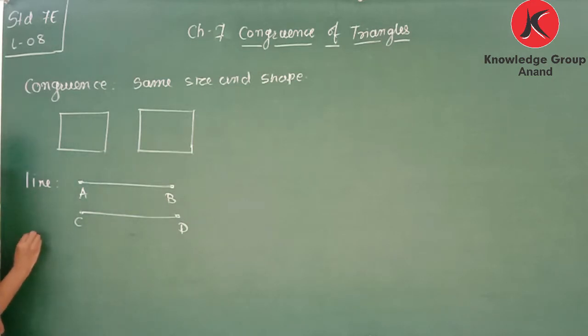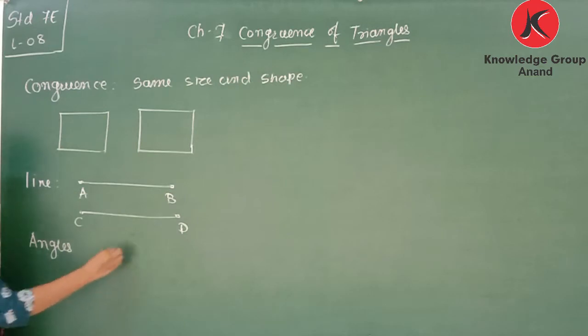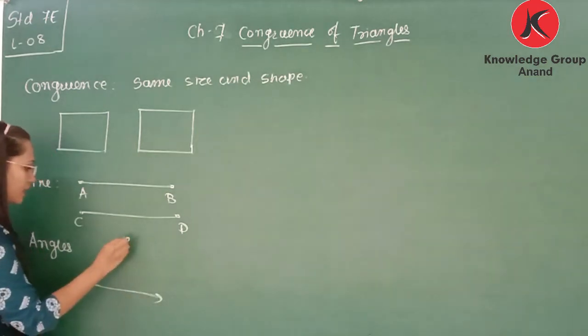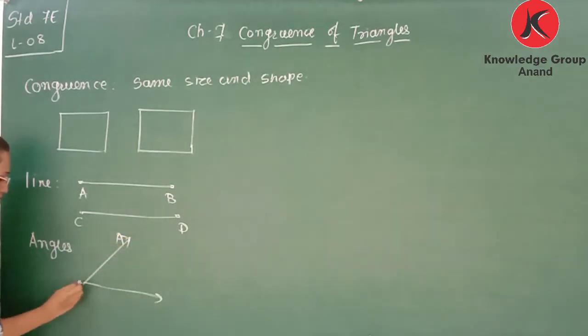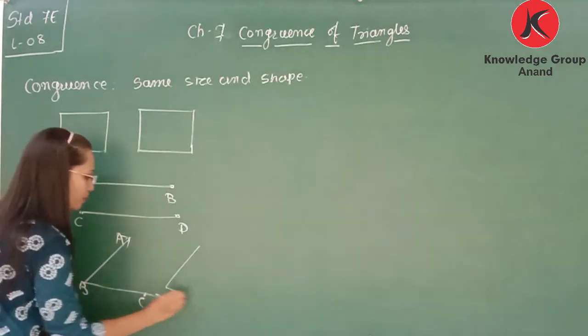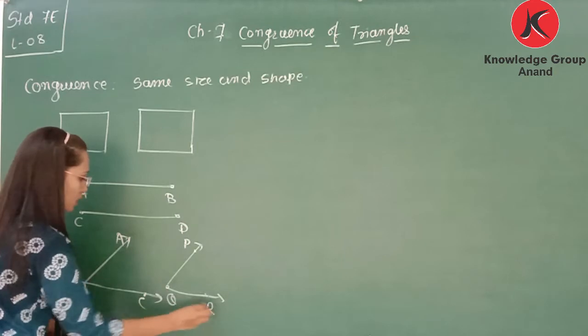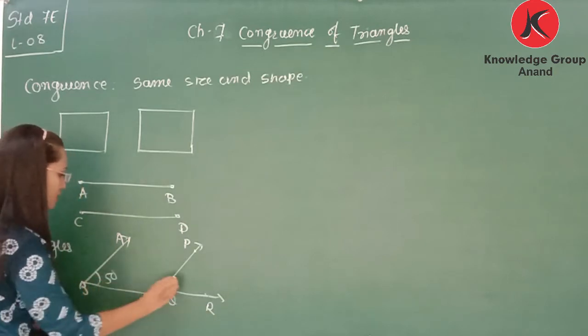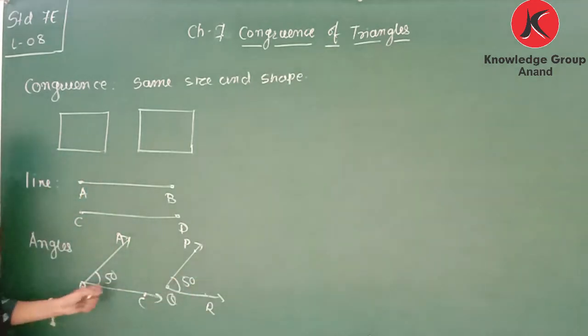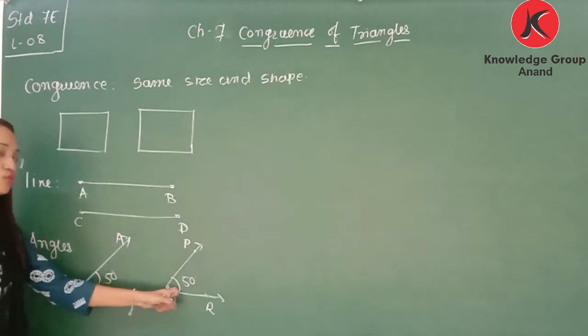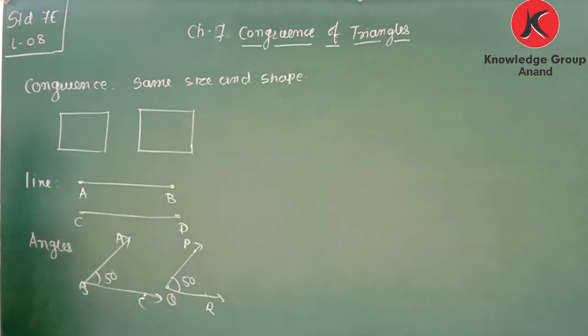After that, we learn about angles. If we have angle ABC and angle PQR of the same measure, if this one is 50 and this is also 50, then these two angles are called congruent angles because angle B and angle Q completely overlap each other.